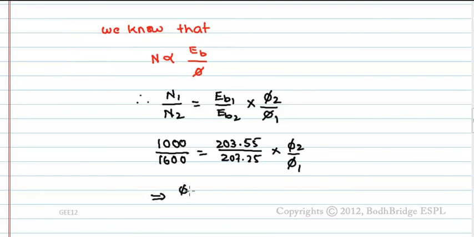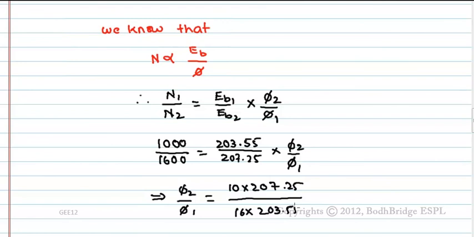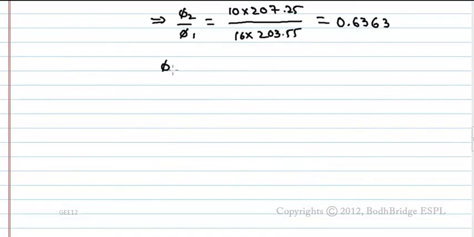From this, phi2 by phi1 equals 10 into 207.25 divided by 16 into 203.55. This equals 0.6363.